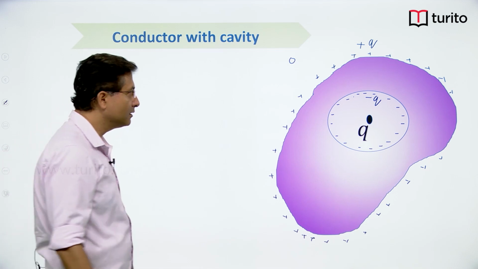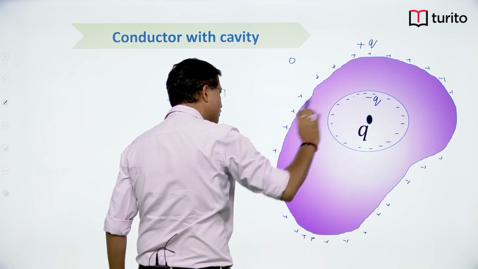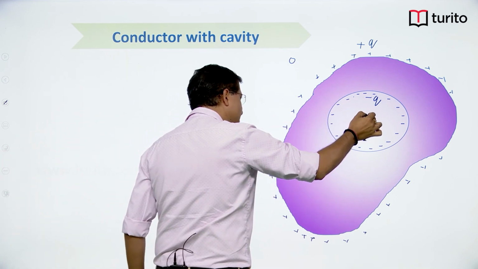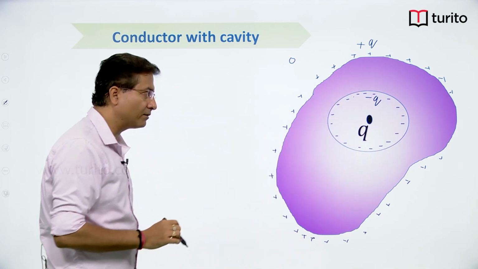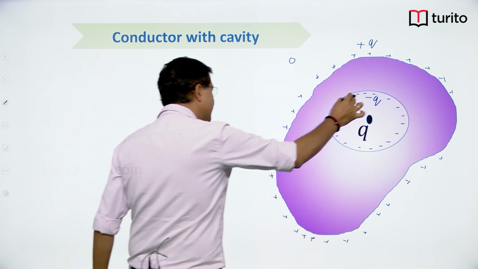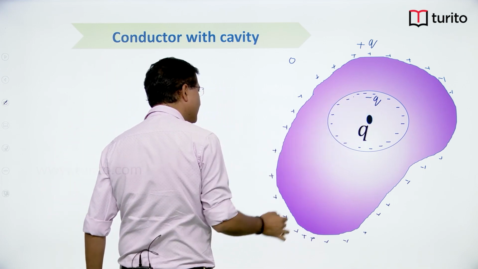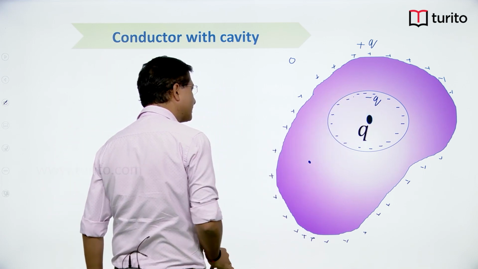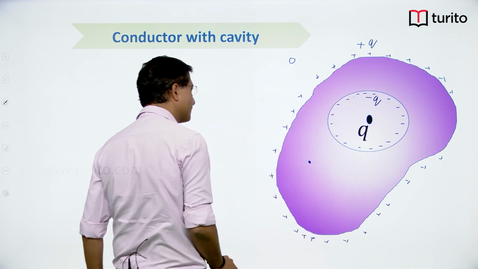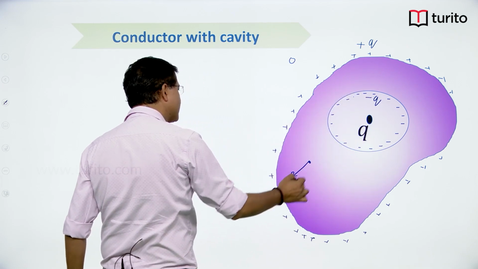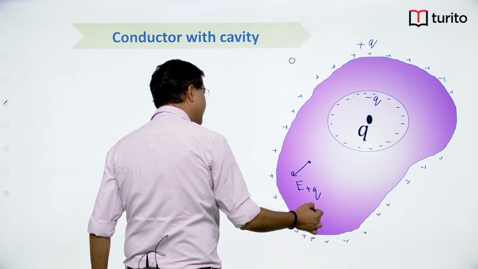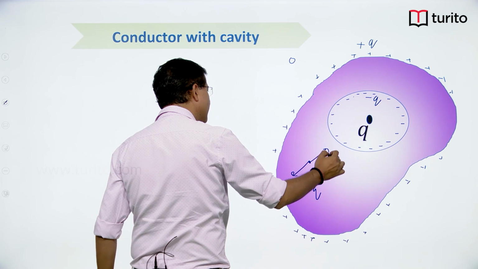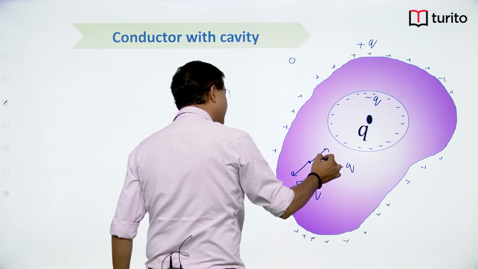Again the same logic, these two, listen carefully: the charge here and the charge appearing on the inner wall of the cavity, they will cancel the effect at any point on the conductor. So, this plus q will produce field in this direction, E because of plus q, and because of this minus q, E will be like this and they will cancel each other.